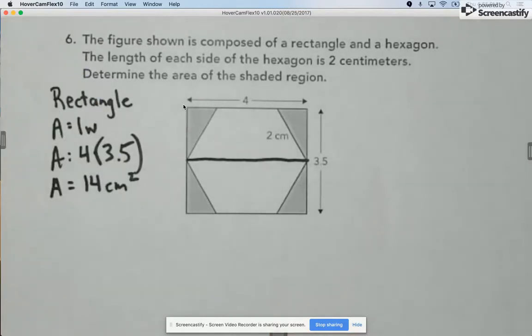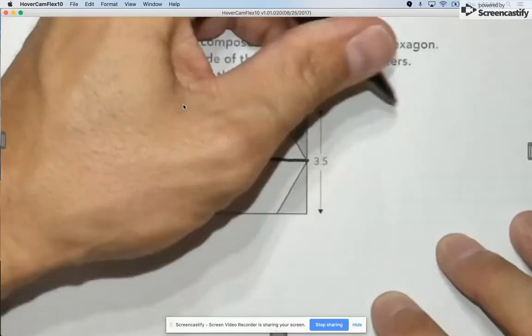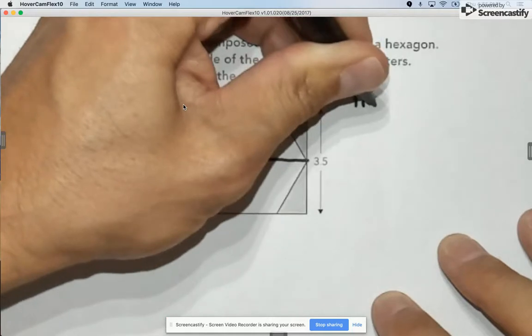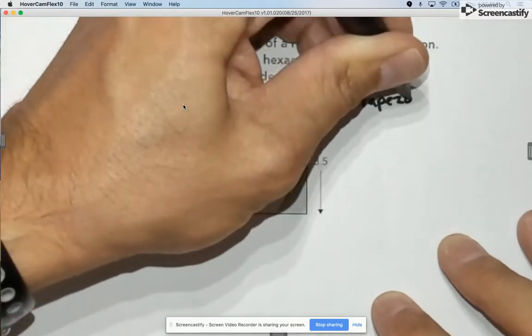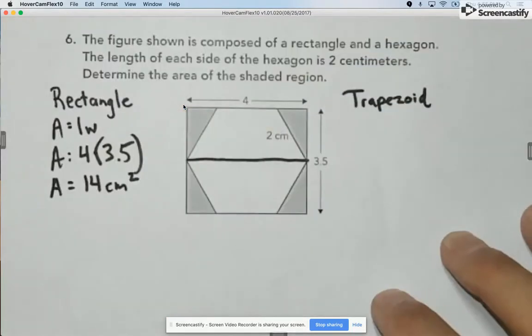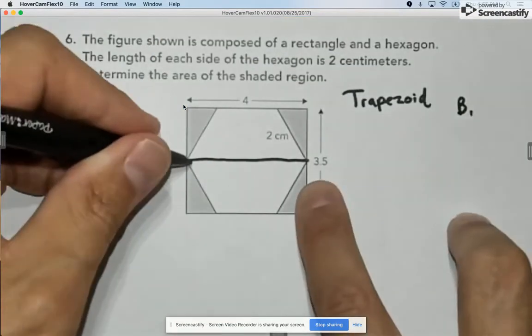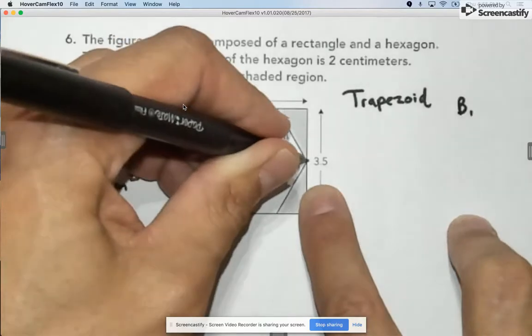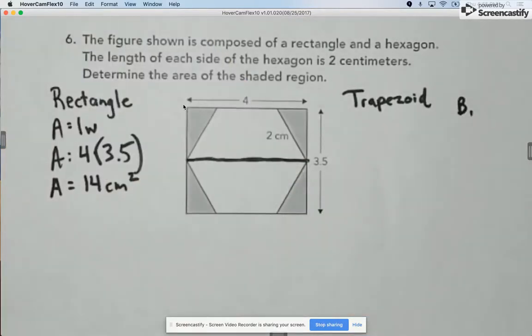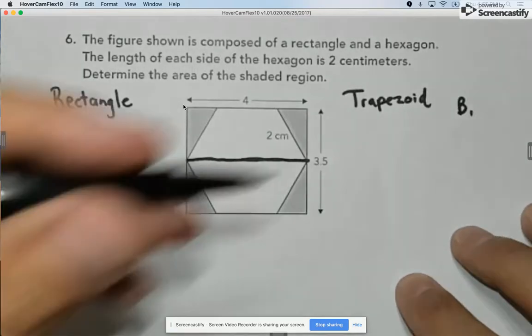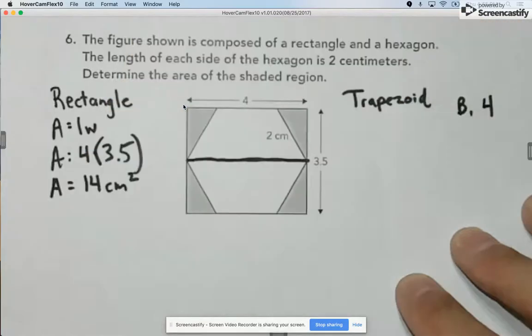Now I'm going to figure out the trapezoid. First, base 1 is this whole thing right here. And so that is going to be 4 centimeters.